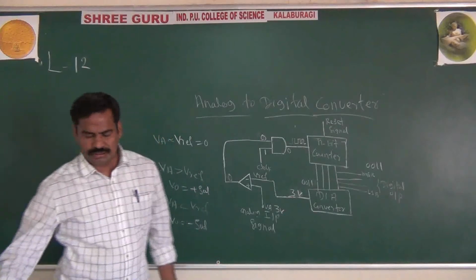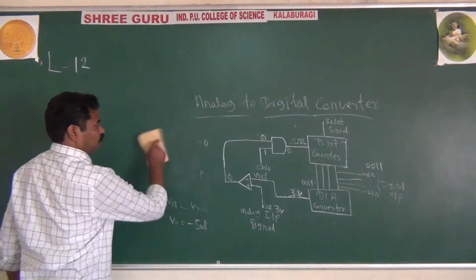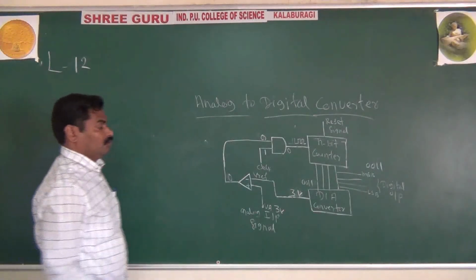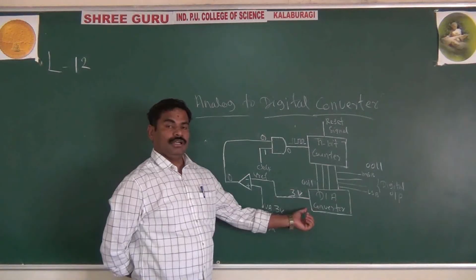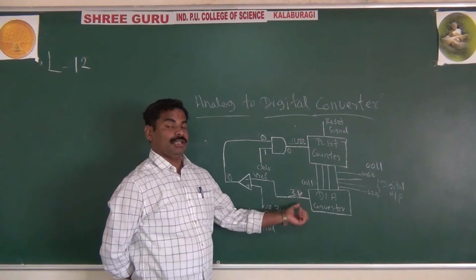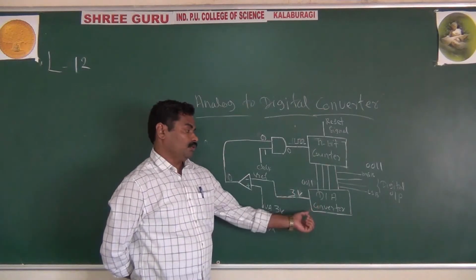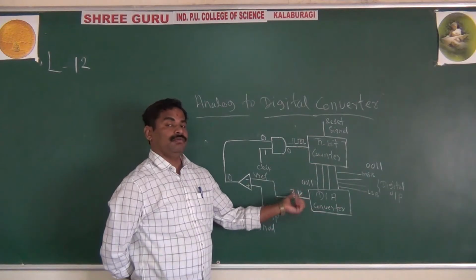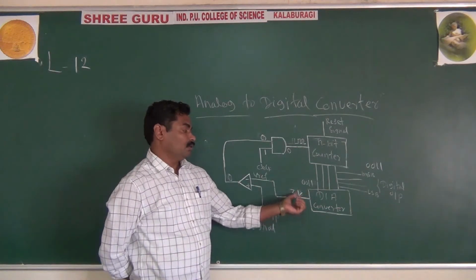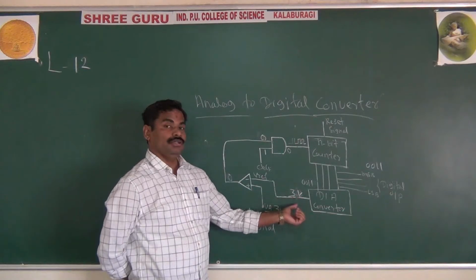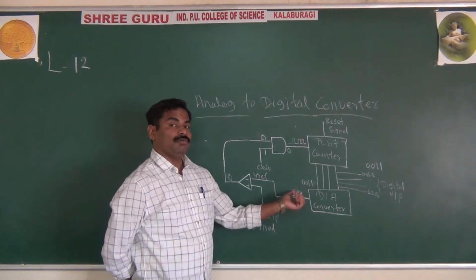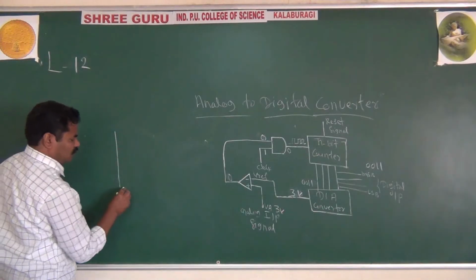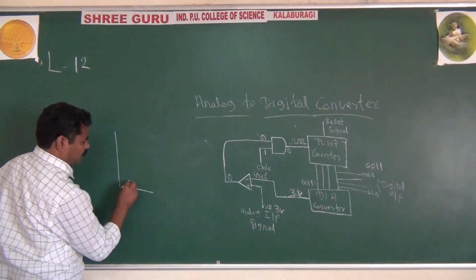Actually, here you have the output of the DA converter. You are having a staircase type of waveform. The output of the D to A converter is a staircase type of waveform, that you can write here. Actually, here you are having a diagram for that.